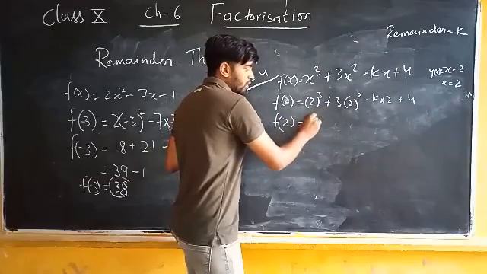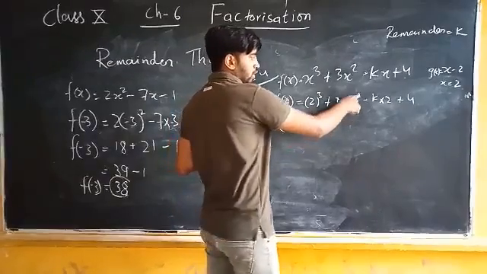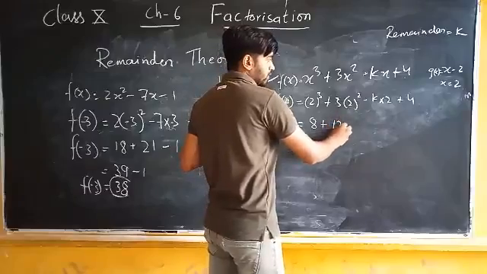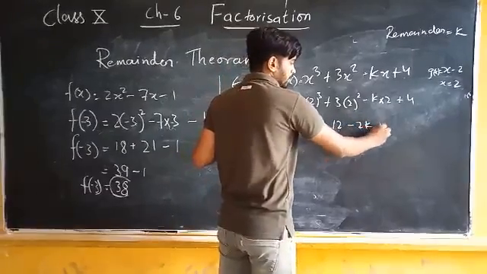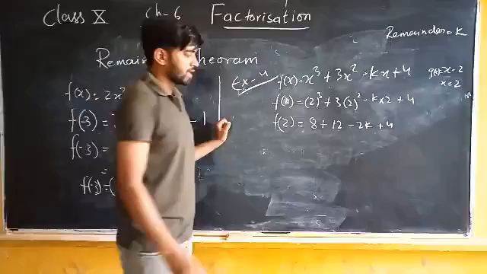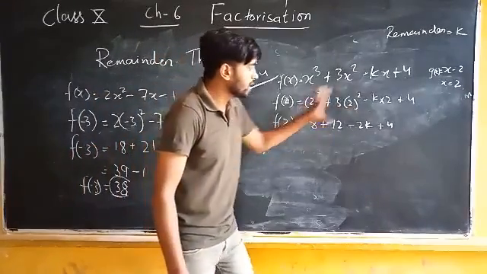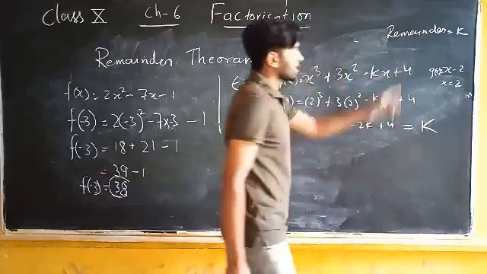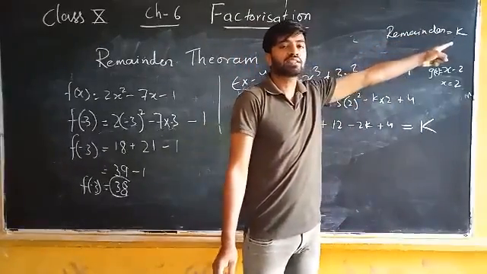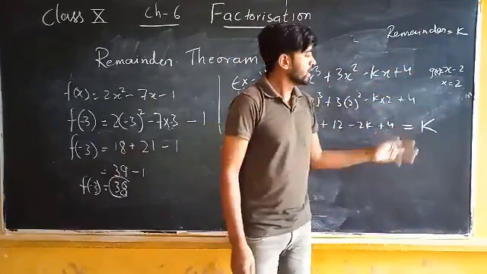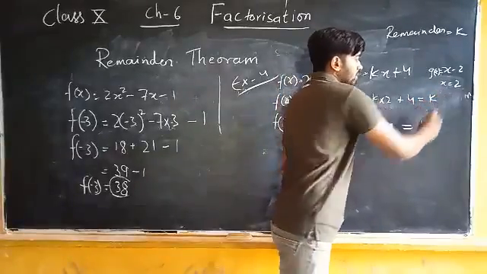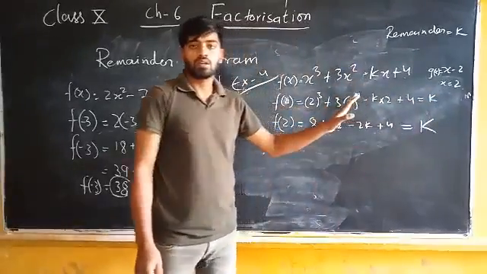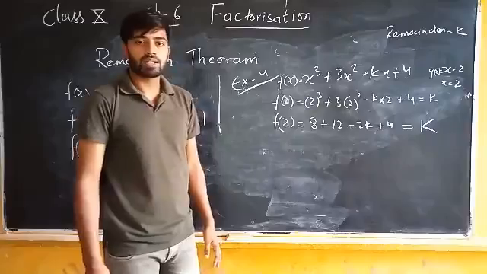I'll get 8 from here plus 4 3s is 12 minus 2k plus 4. And then they have told me the remainder that I'm going to get. What is the remainder I'll be getting? k. The remainder that we'll be getting already is k. I'm just writing my answer down. The remainder that I'll be getting is k, and they have given it.